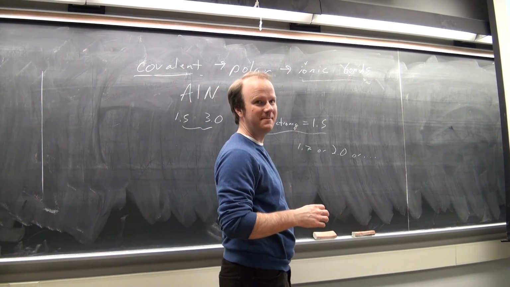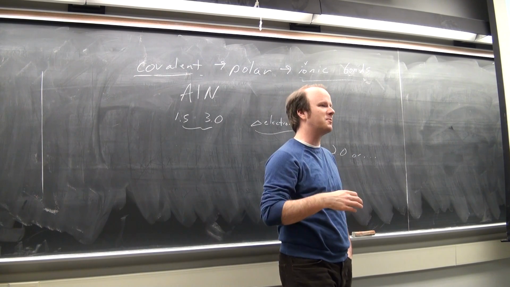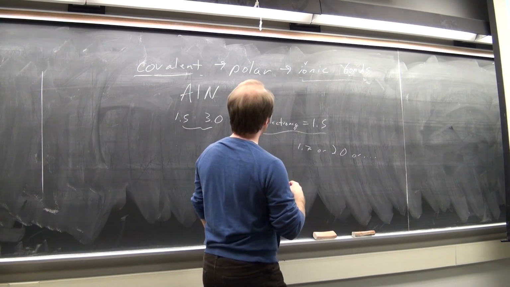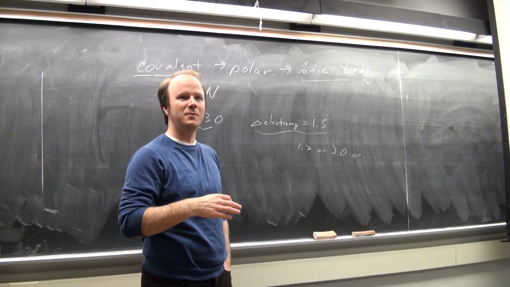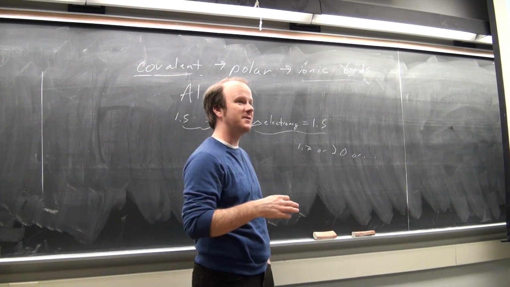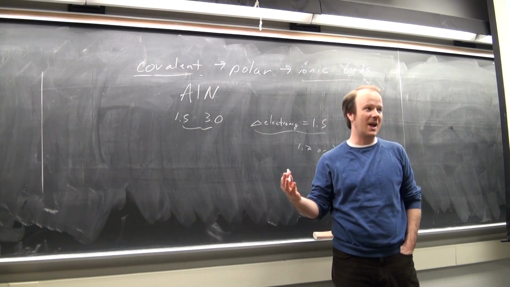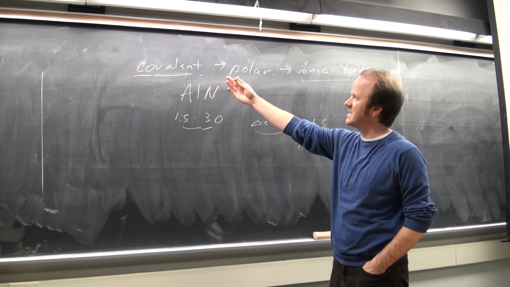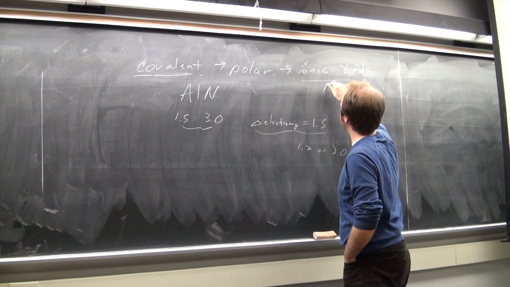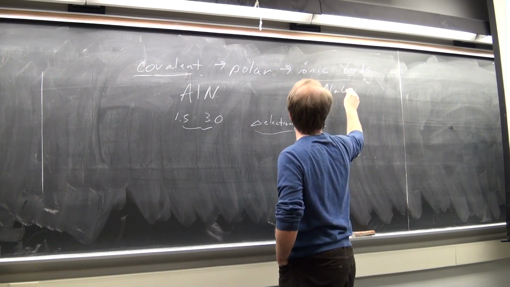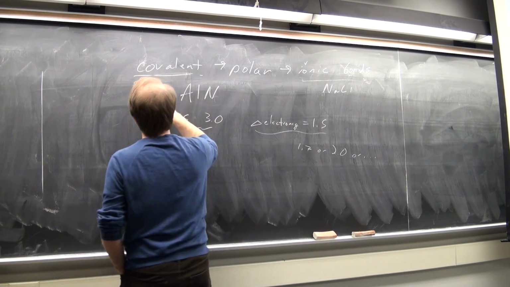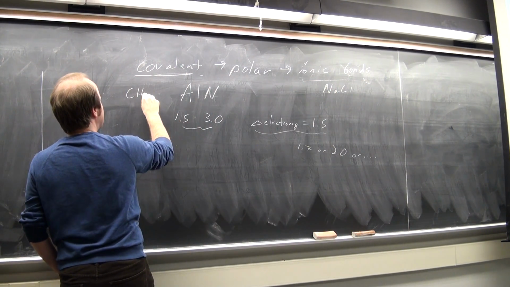Does everyone get that? So that was one of the examples where we didn't necessarily talk about this electronegativity difference in class, but it's something that you should have in the back of your heads. It's really easy to spot differences between, say, sodium chloride and something like methane.